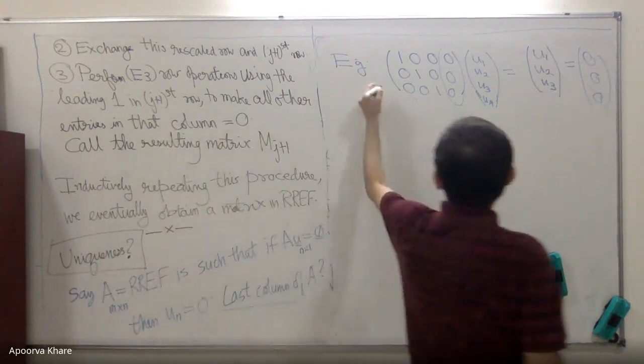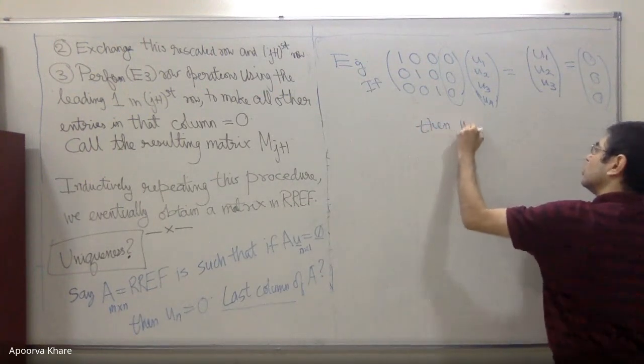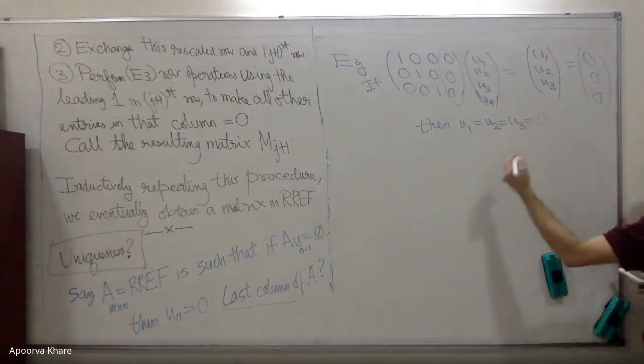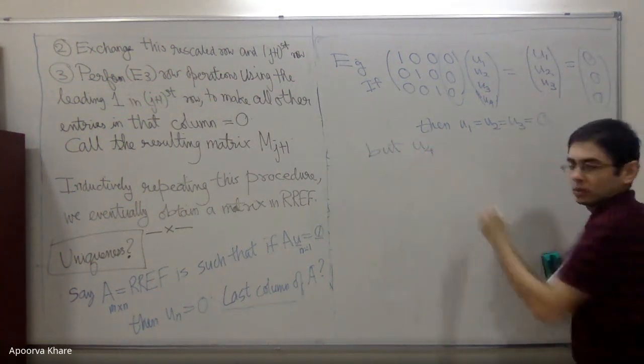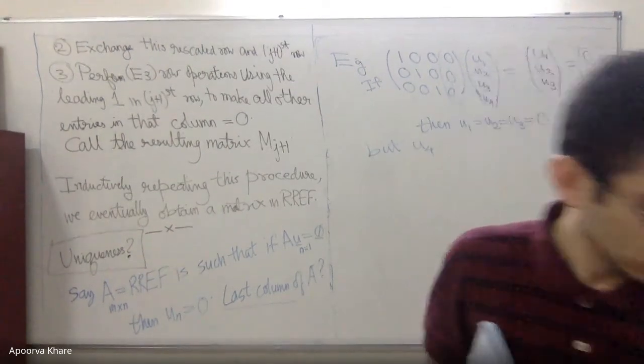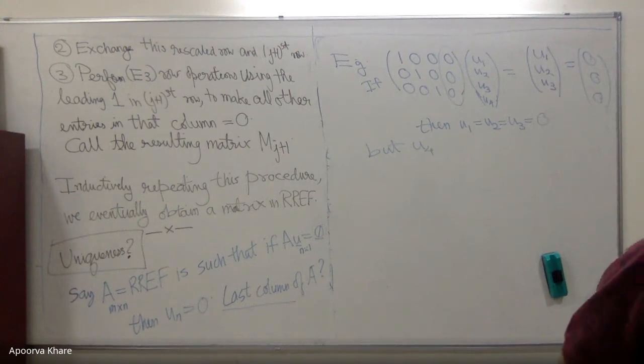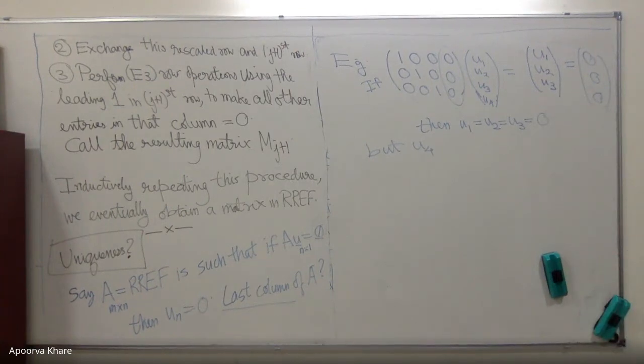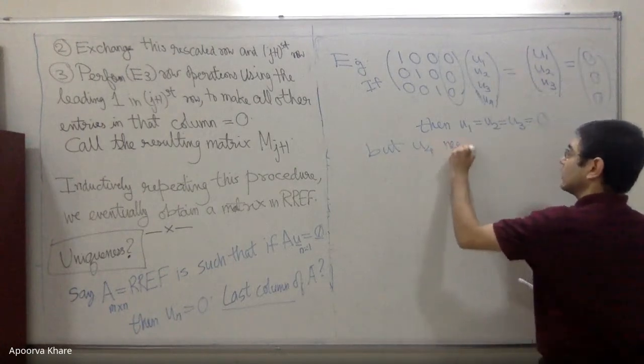If this is 0, then U1 equals U2 equals U3 equals 0, but it does not imply that U4 is 0. So U4 need not be 0.